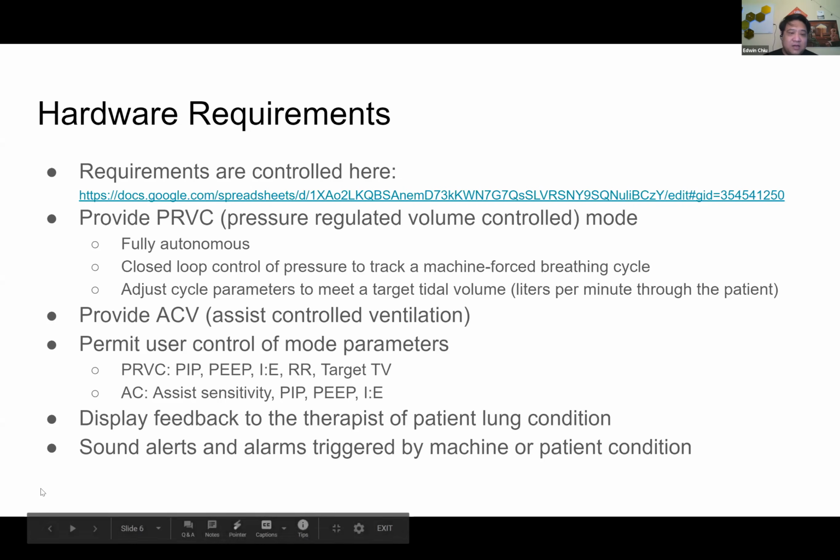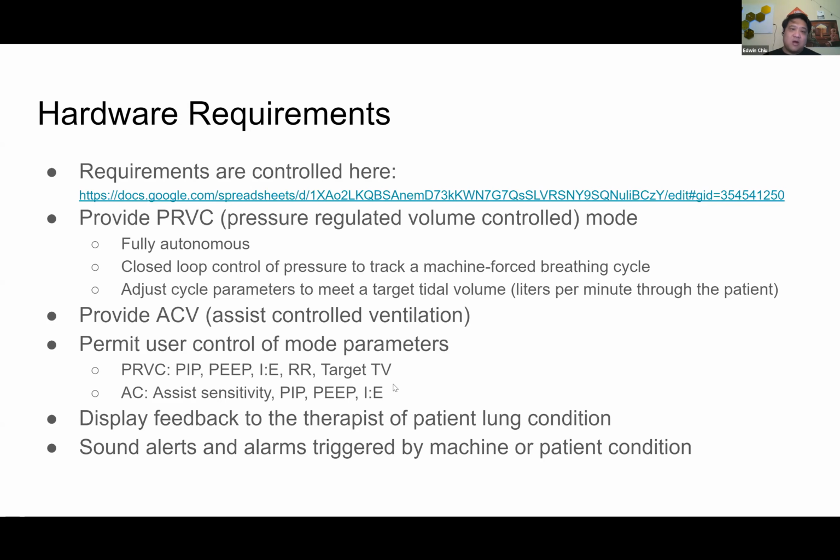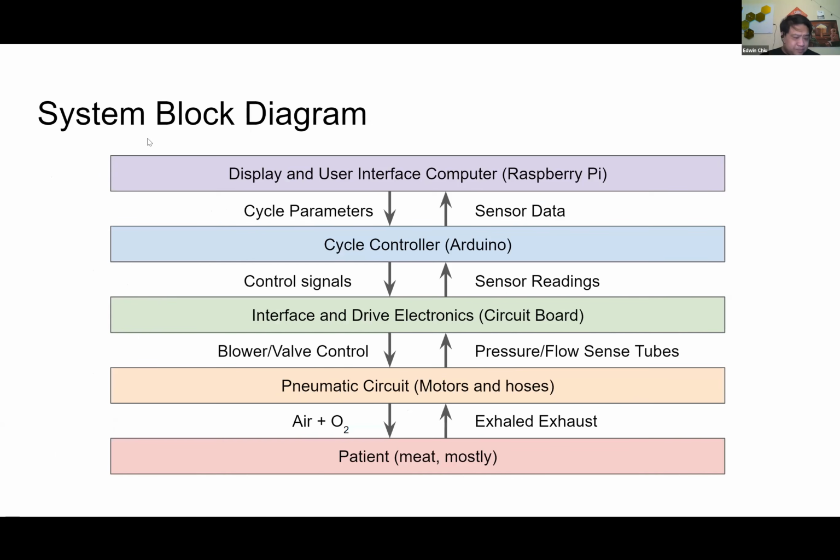And then finally, the system must sound alarms and display alerts based on either failures in the machine or changes to the patient's condition. And all of these requirements are broken down into specific measurable tasks in the doc that is linked here at the top of the slide.